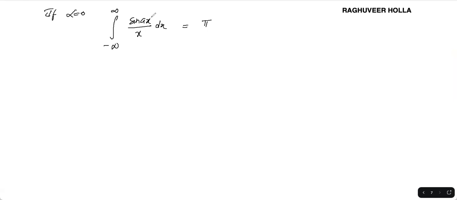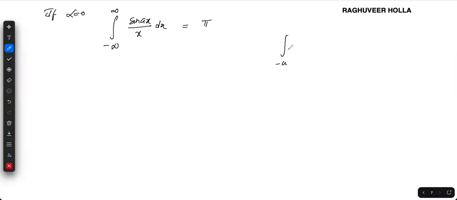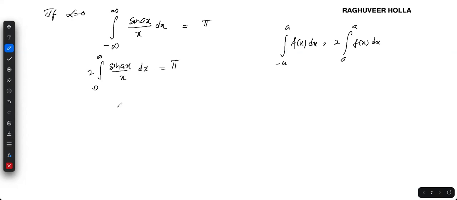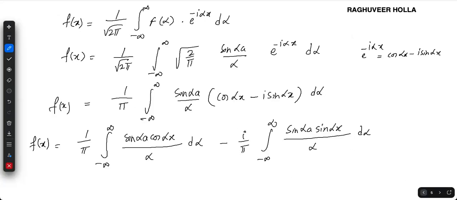Now again, the integral from minus a to a of f of x dx is 2 times the integral from 0 to a of f of x dx. So using that, 2 times the integral from 0 to infinity of sin ax by x dx is equal to pi, or the integral from 0 to infinity of sin ax by x dx is equal to pi by 2. So we got this result also.